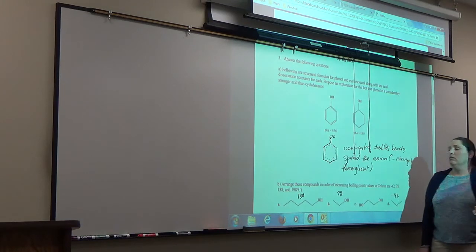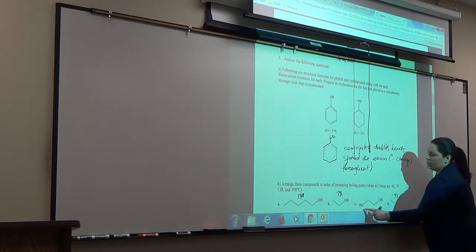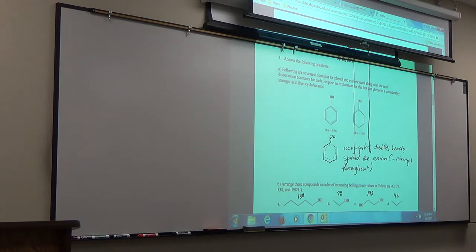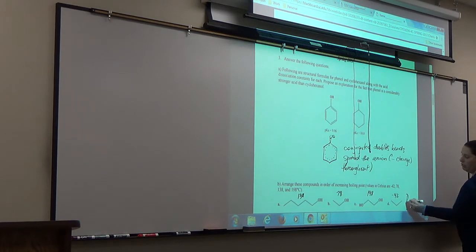And C would be 198. And then again, the more OHs you have in your molecule, the more potential you have for hydrogen bonds between the molecules. Does that make sense? So you can put the numbers in, or you can list them, like D in increasing order. So then D, B, A, C.